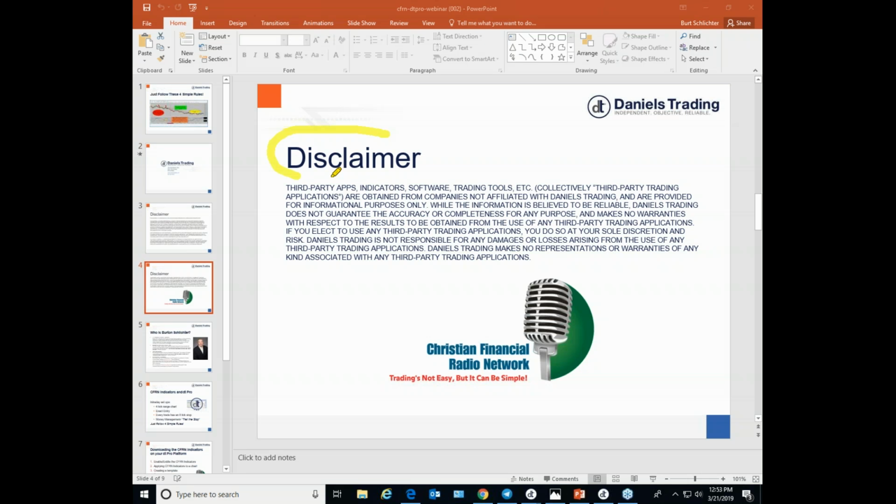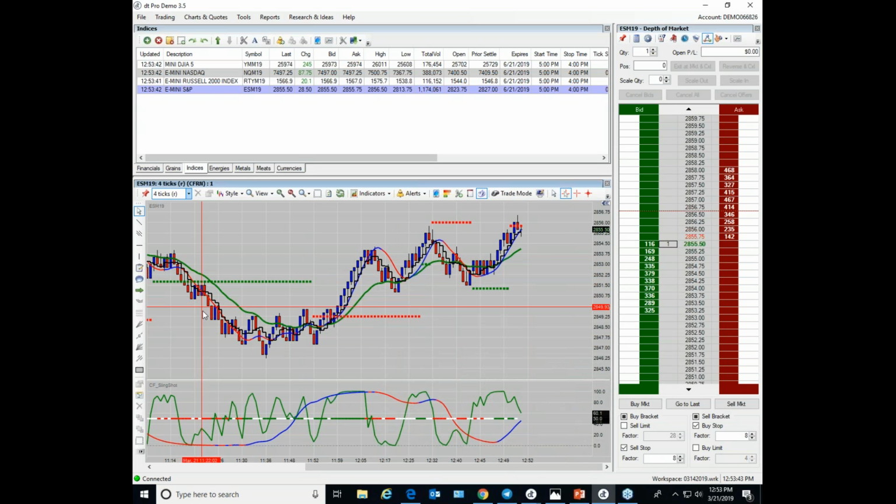We are talking about a leveraged vehicle, and there's risk attached to it. Second disclaimer, my relationship with CFRN. CFRN, they are the educator. It's their tools. It's their indicators. They're the mentor. Their indicators, which is what you're seeing here on this chart, are built into my platform.